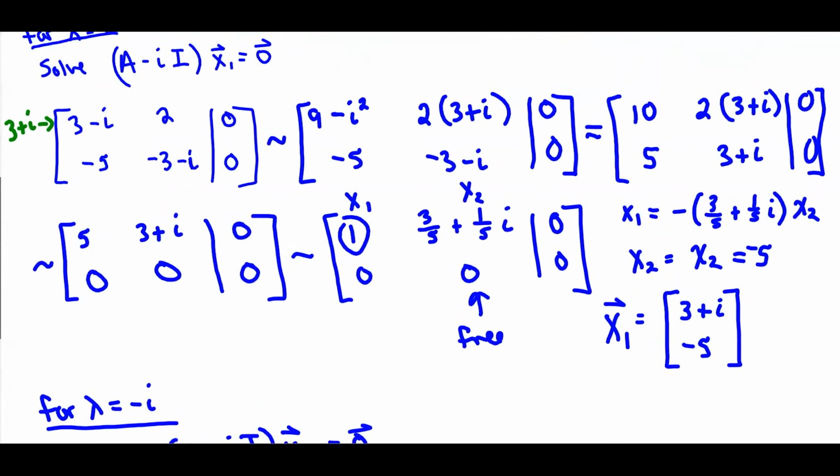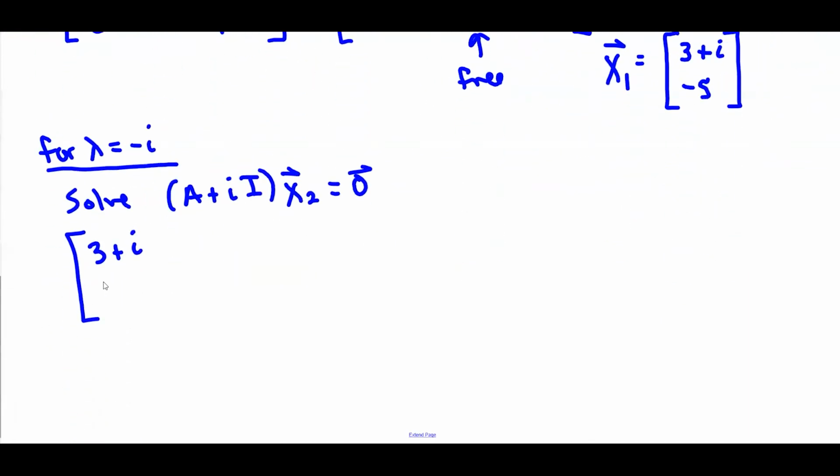Go back to my original. We're going to do the same process again, right? So I need to multiply by the conjugate here. Let's pick 3 minus i. Now you might find an easier, quicker way to do this, but I'm just going to show you how to use this conjugate.